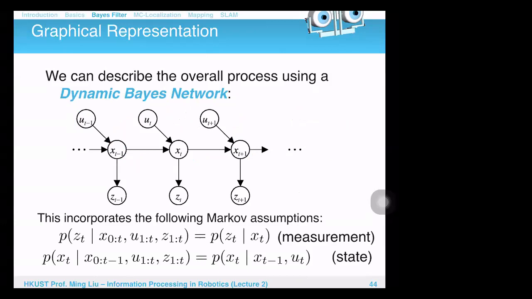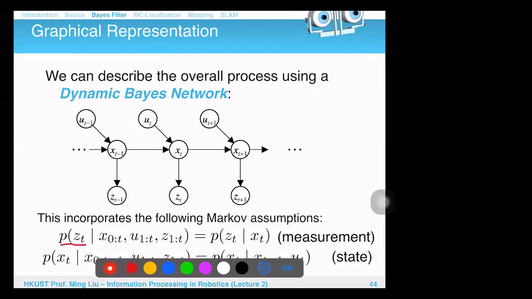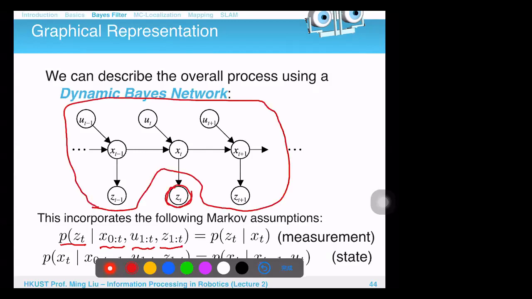This Markov assumption happens along the directions of these arrows. First one is the P of z t, you already know this. P of z t given all these x, all the u's, and all the z, that means given z t and all the rest. Sorry, this should be t plus 1 or something.